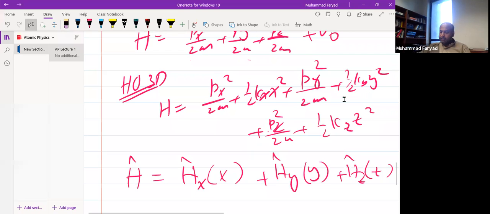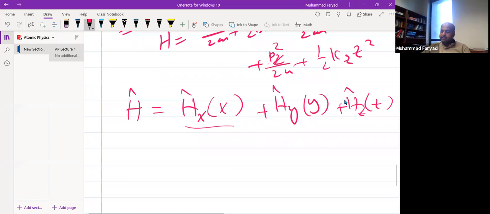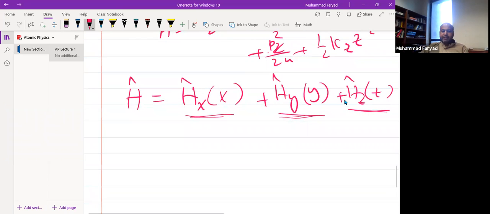So this is exactly the similar situation as we were talking about in non-interacting particles, because again we have Hamiltonian terms that are independent of each other. This doesn't depend on any of that. This doesn't depend on any of that. So we can show using exactly the same argument that all we have to do is find the energy corresponding to each term.